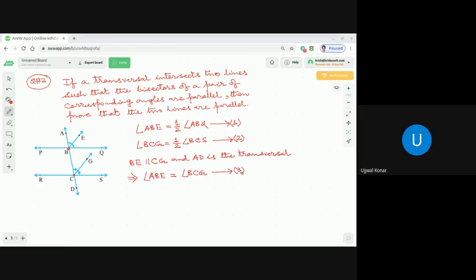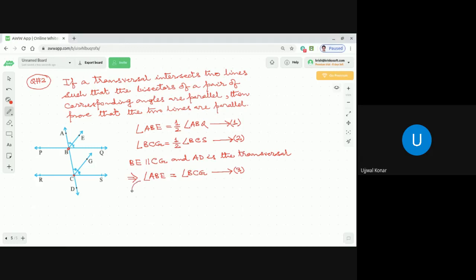Now from these three equations, if we substitute the value from equation 1 of ABE, which is 1 by 2 of ABQ, and BCG, which is 1 by 2 of BCS, what can we write? We can write that half of ABQ is equal to half of BCS. Correct, no?